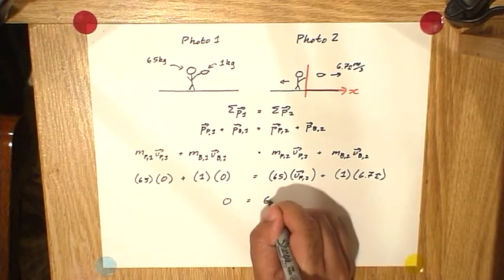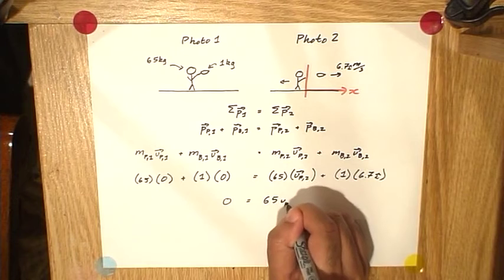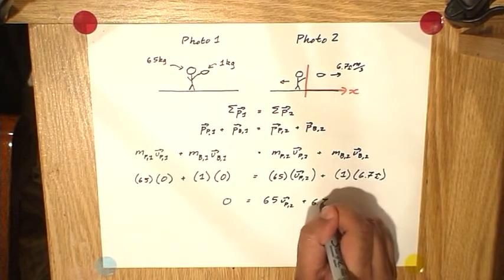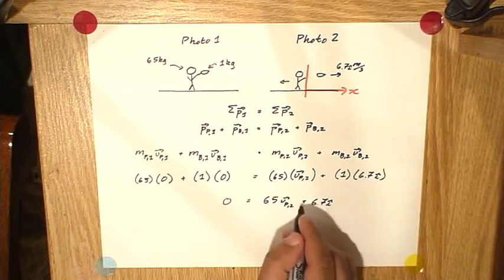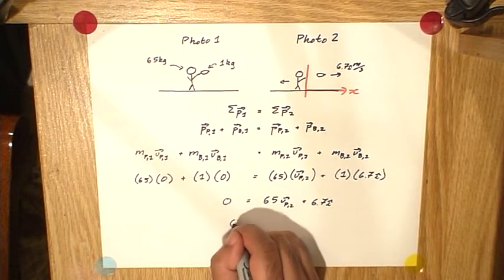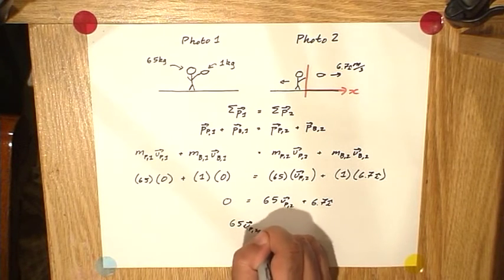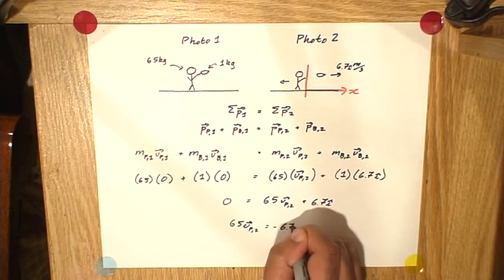It is equal to 65 times velocity of the person in photo 2 plus 6.7 i hat. Move this around, subtract 6.7 i hat from both sides, and I get 65 times velocity of the person in photo 2 equals negative 6.7 i hat.